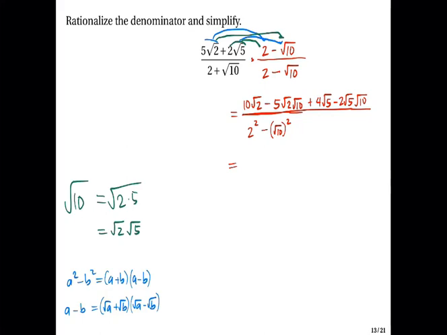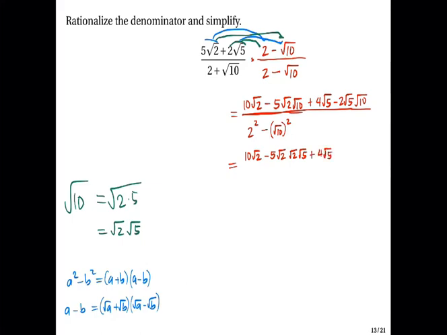Therefore, in the numerator, we have the 10 square root of 2 minus 5 square root of 2. And then the square root of 10, we use this. You have square root of 2 square root of 5 plus, here we have 4 square root of 5.